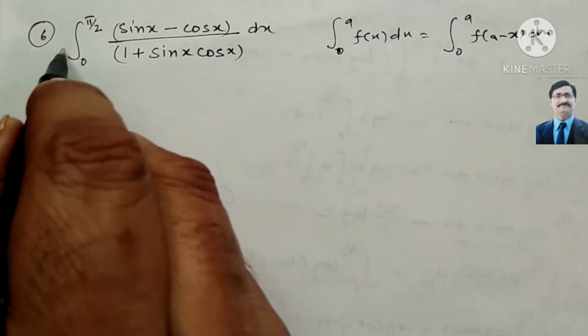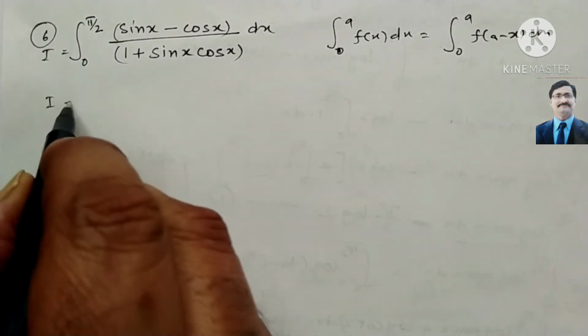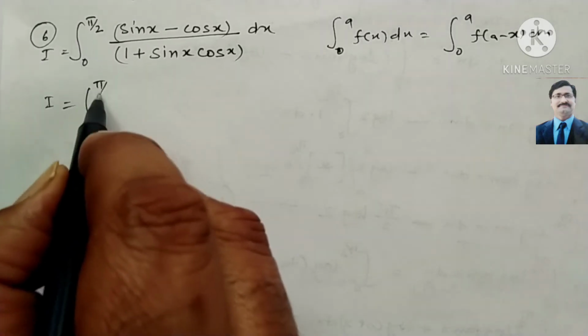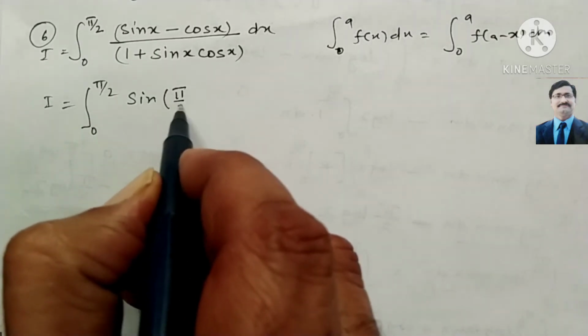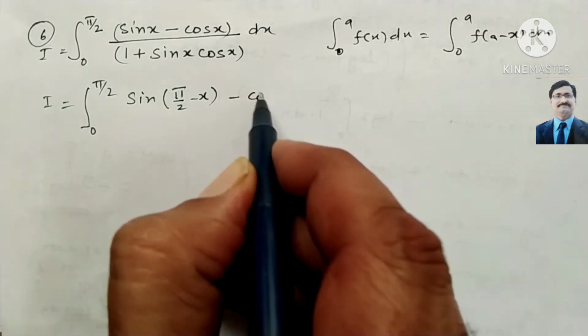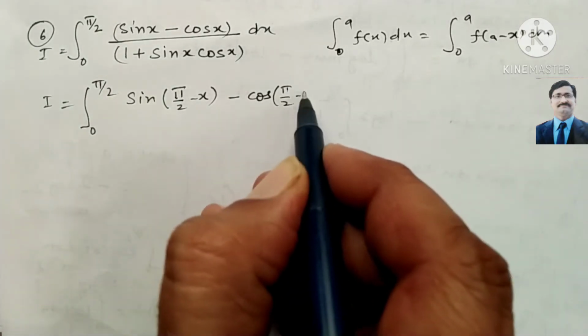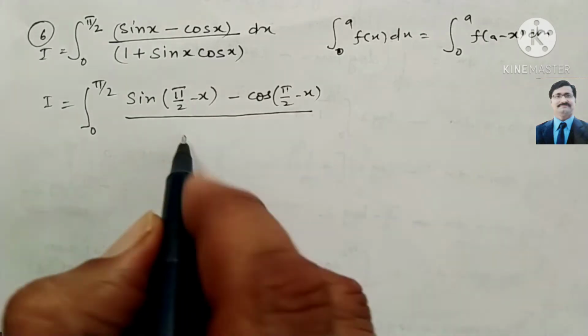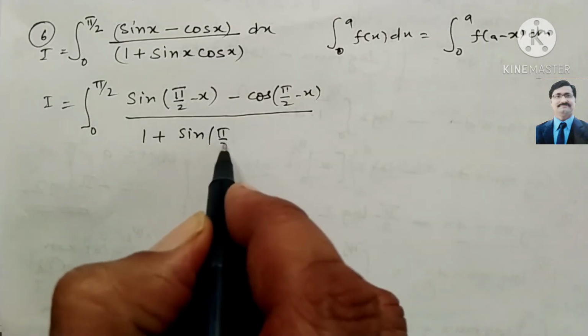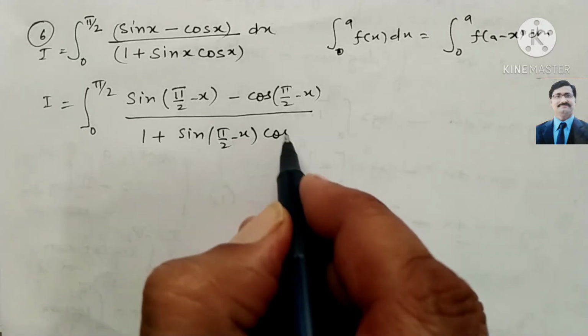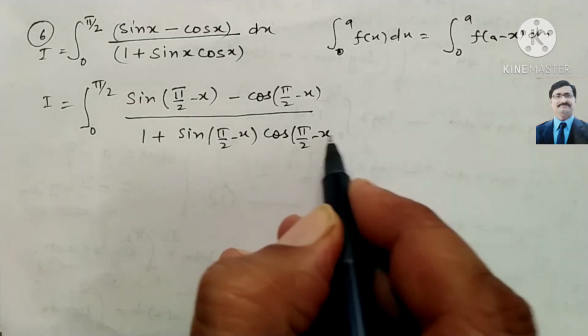So look here, this we write as I, and this also I equals 0 to pi by 2, in place of x we write pi by 2 minus x, and in the denominator also we use the same method, 1 plus sin(pi by 2 minus x) cos(pi by 2 minus x).